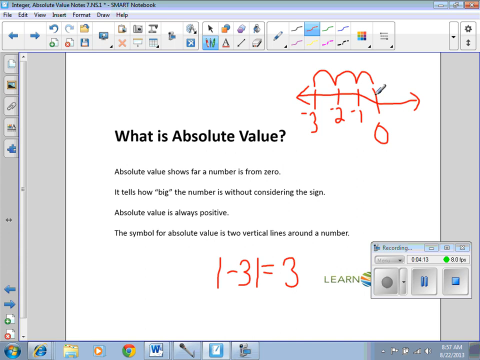So the absolute value of any number on this number line is the distance it is from 0. So if I had a positive 100, the absolute value of it is 100.